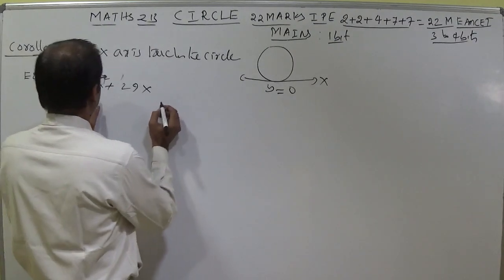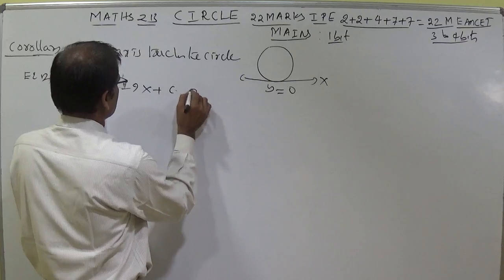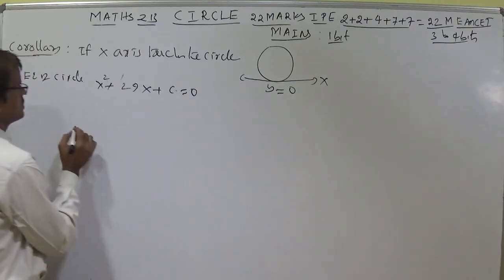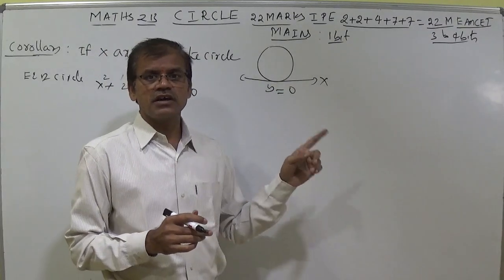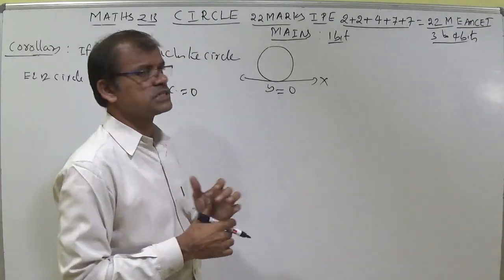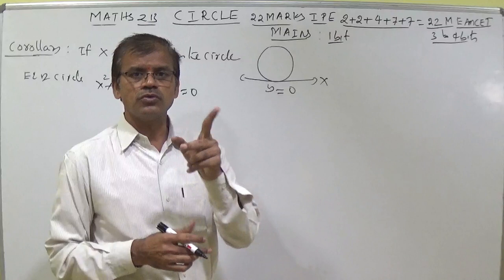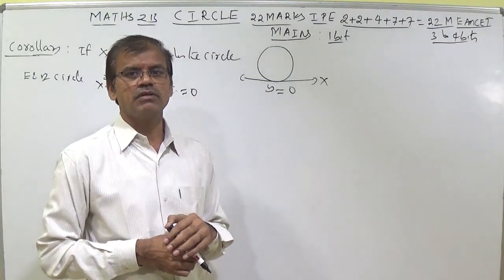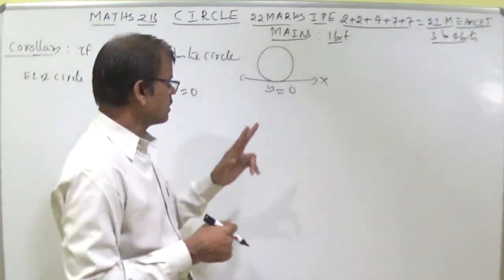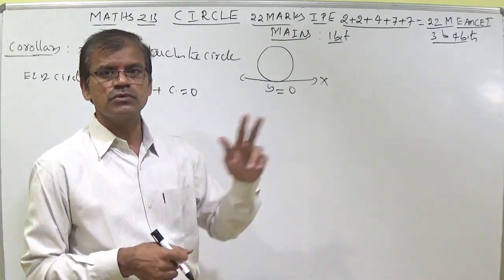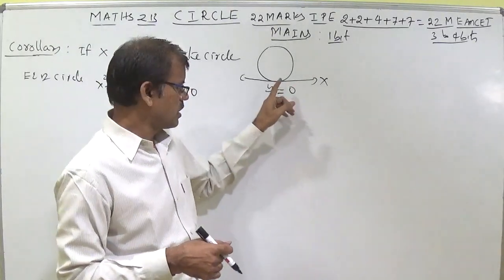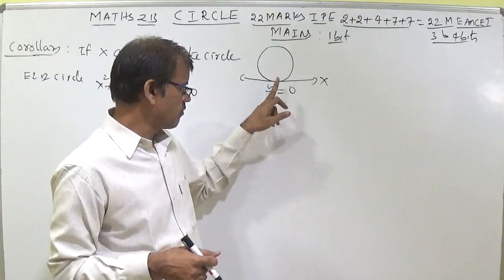For the equation of the circle, here you write x square plus y square plus 2gx plus c equal to 0. Whenever a line touches the circle, there will be no two distinct roots. It is not intersecting. If two roots exist, the two roots become equal because only one root exists here.